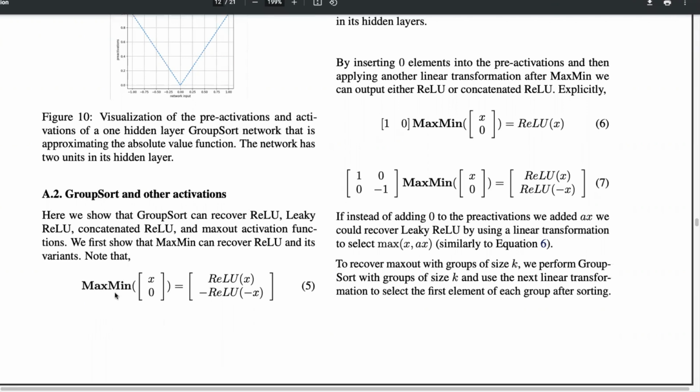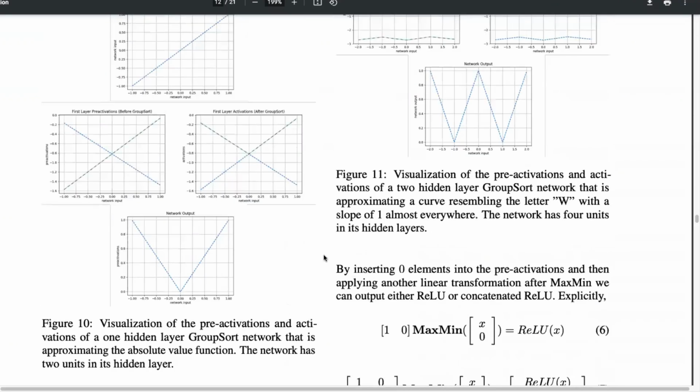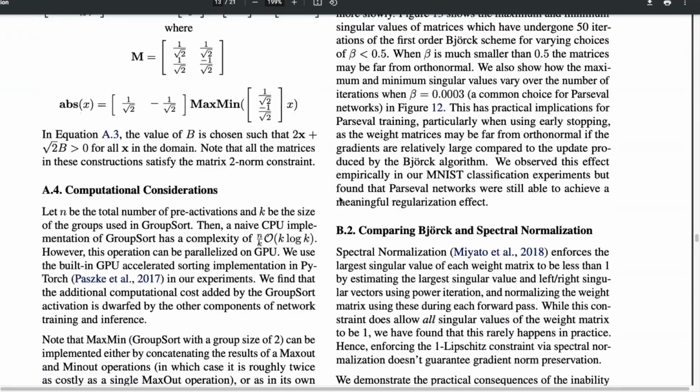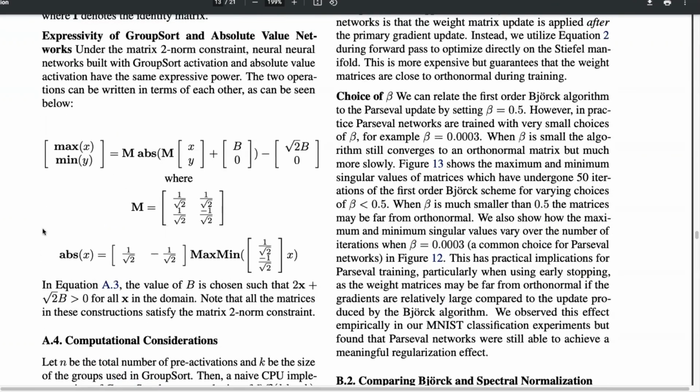They show that this is in fact the same thing as applying this ReLU of x minus ReLU of minus x, this composition, this mix of nonlinear activation functions. So they try and demonstrate that flipping my x's around basically can recover ReLU functions and different variations on ReLU. They also show that it can do the same thing as the absolute value function.